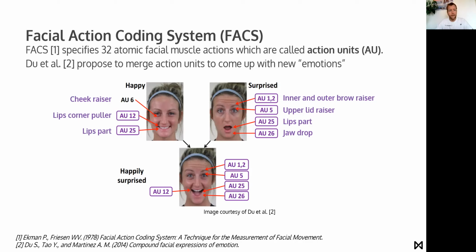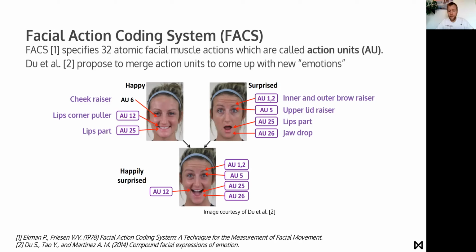More recently, Du et al. proposed to merge these action units to come up with new emotions. You can, for example, take action units from a happy face and those of a surprised face, and you get a new emotion, which they call happily surprised. In their work, they identify 21 new merged emotions.